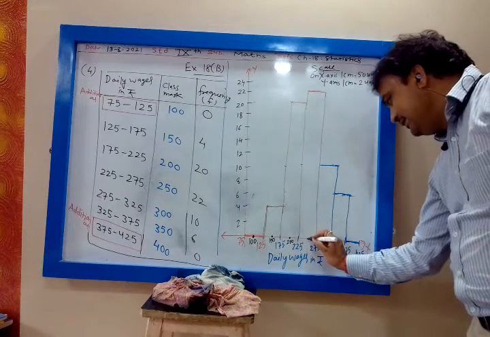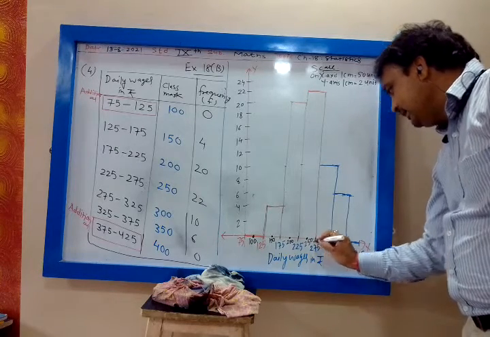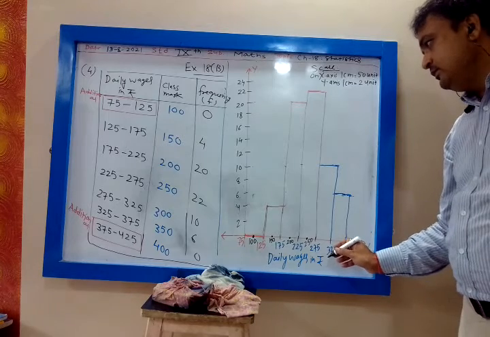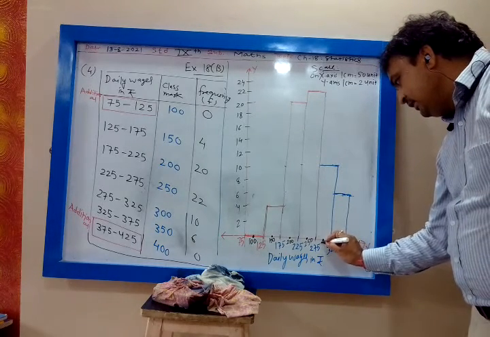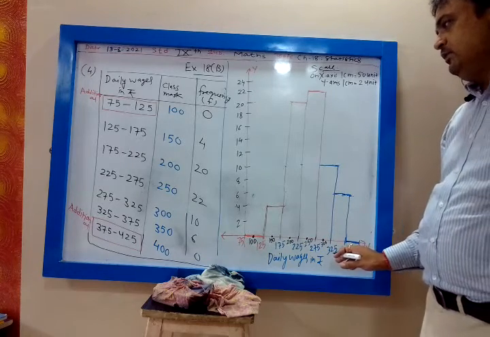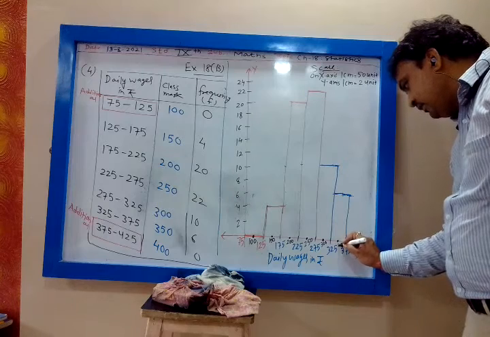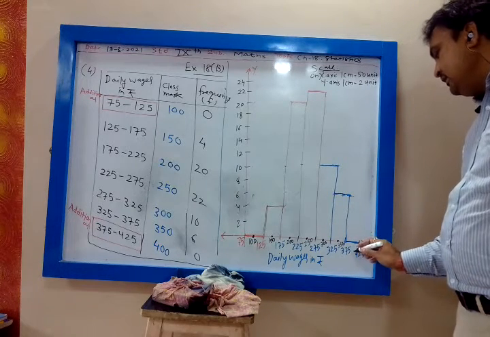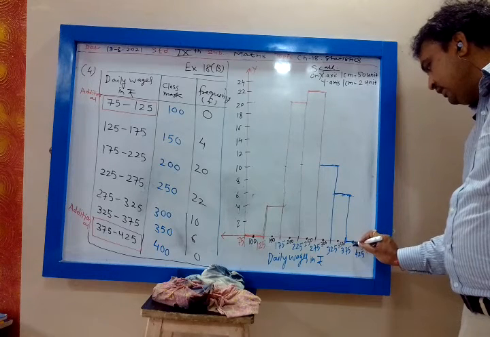Mute the microphone. Then 275 to 325, it is 300. Then 325 to 375, it is 350. Then 375 to 425, it is 400.